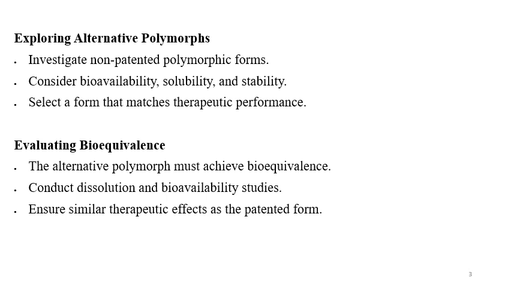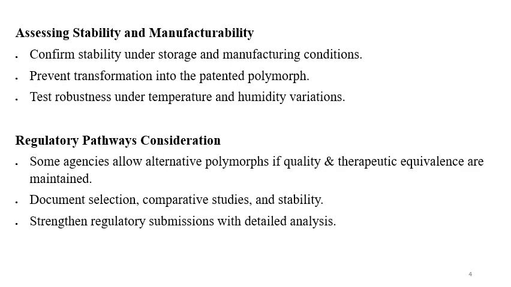Evaluating bioequivalence: the alternative polymorph must achieve bioequivalence. So, conduct dissolution and bioavailability studies. Ensure similar therapeutic effects as the patented forms, because demonstration of bioequivalence is a must for the generic product. Assessing stability and manufacturability: confirm stability under storage and manufacturing conditions.